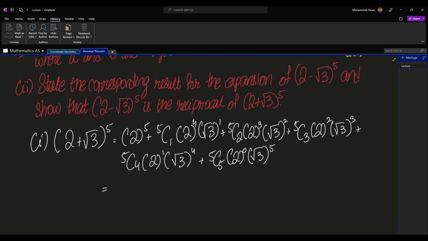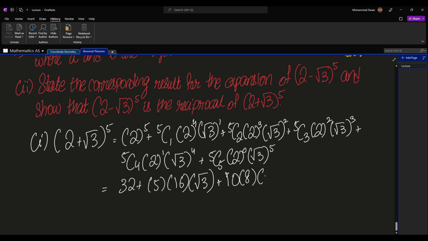Alright, now to resolve this, 2 power 5 gives us 32, plus 5C1 is 5 into 2 power 4 gives us 16, and under root 3 stays under root 3 because it has a power of 1, plus 5C2. What does 5C2 give us? It gives us 10 into 2 power 3 is 8, and under root 3 squared is 3, plus 5C3.